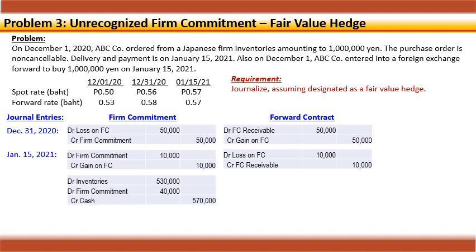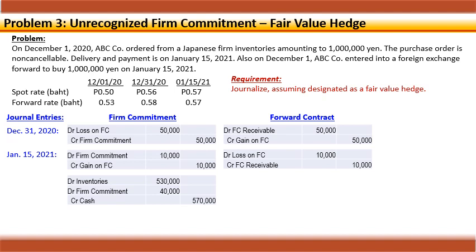So, nilock mo yung presyo, yung firm commitment is nilock mo yung presyo nung inventory mo dun sa forward rate as of the date na nag-order ka. That's 0.53 times 1 million yen, 530,000. And then, the difference will be yung balance mo ng firm commitment, which is 40,000 para magsasara siya. So, neto, 0 yung sa firm commitment mo.